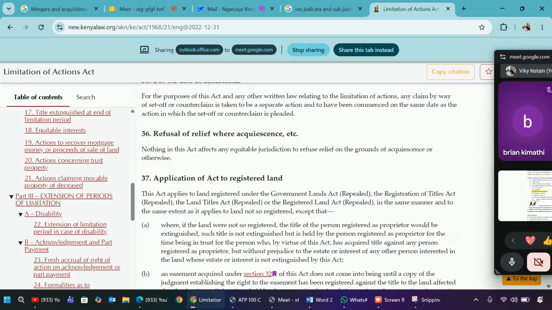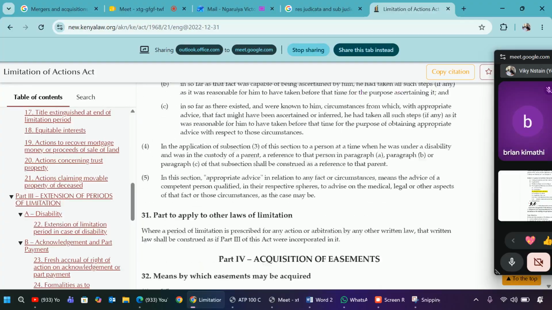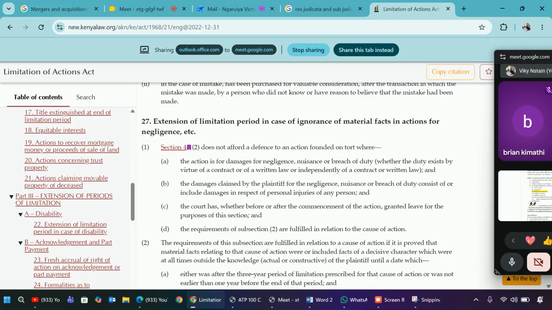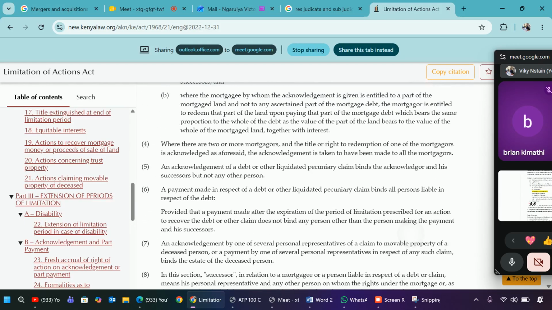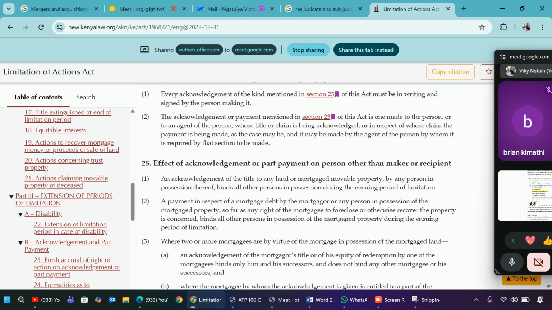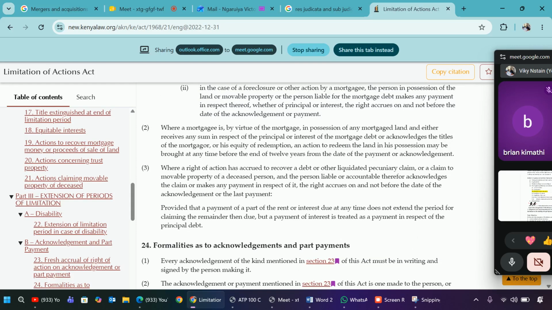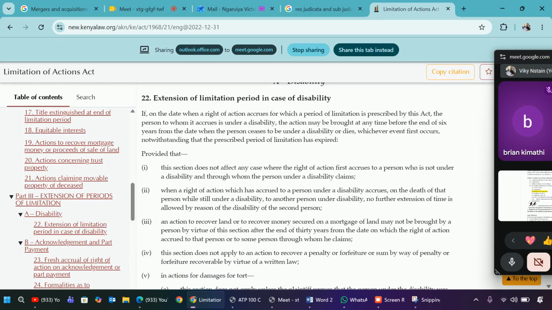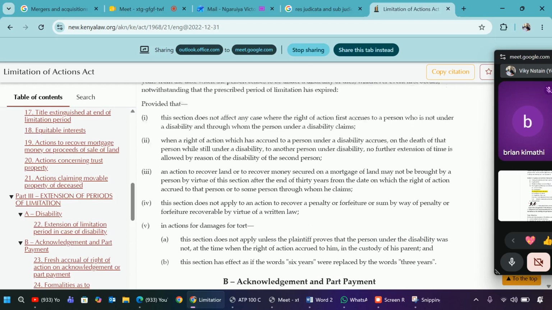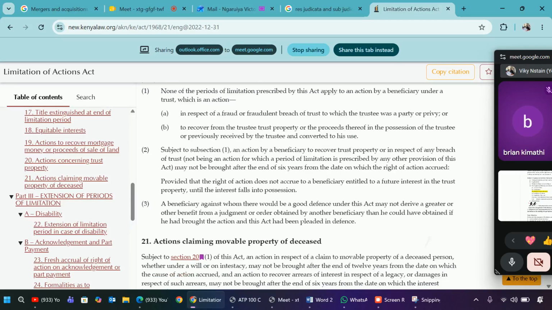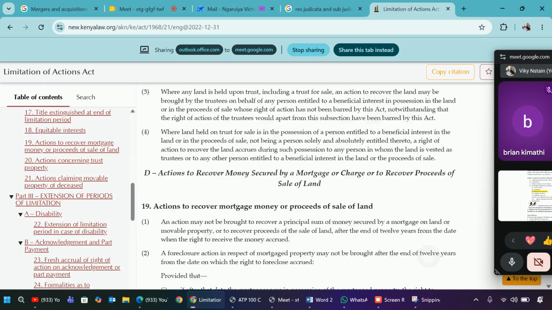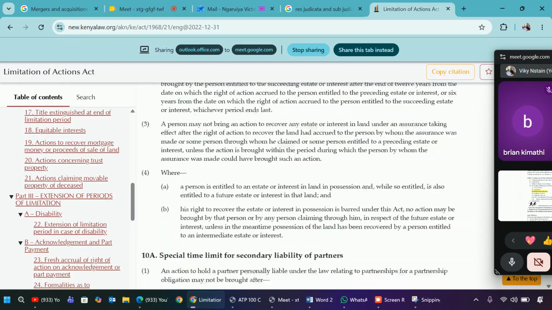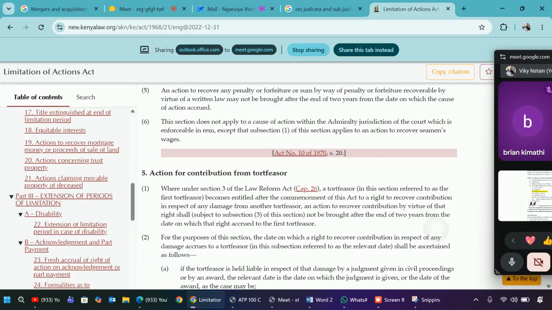There is a point that I'm looking for when it comes to personal injury claims. Right, where is it?